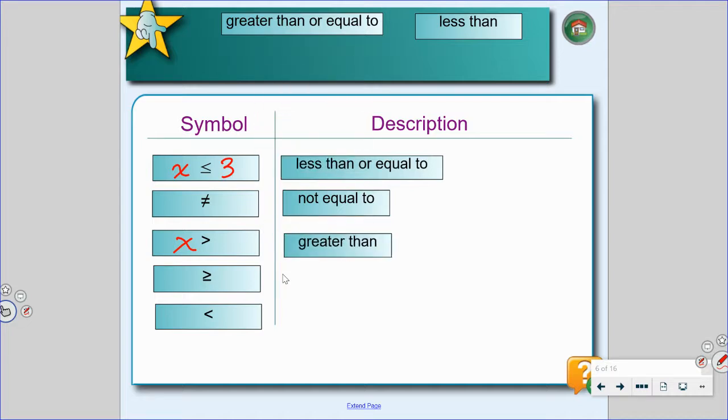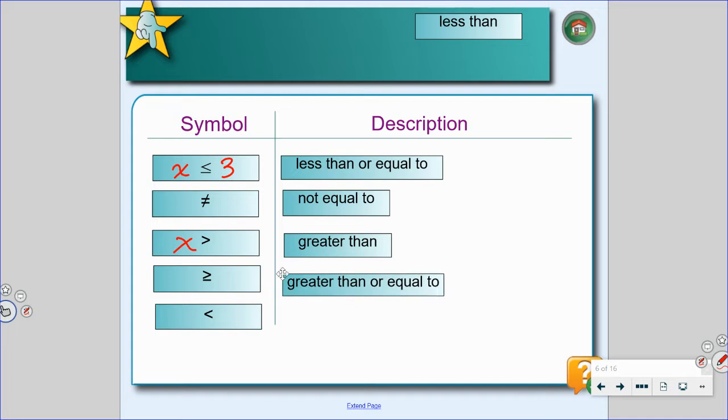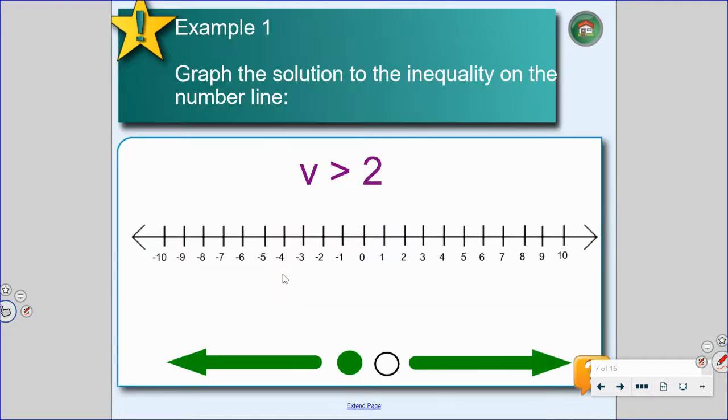Notice it does not have the or equal to bar, but the one right under it does. Any number, as long as that number is greater than, or it can be equivalent, exactly the same as, whatever. And then reading this one left to right, any number x, as long as x is smaller or less than something. Those are the basic descriptions.